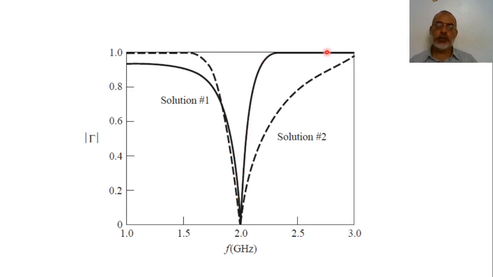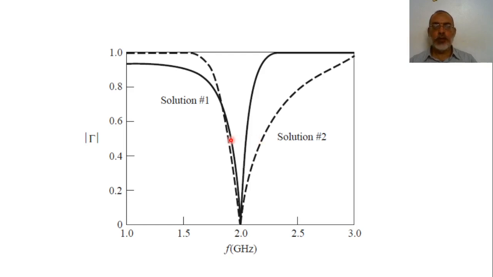Here is the performance of solution 1, which was based on B1 and B2, and here is the performance of solution 2, which is based on B1 dash and B2 dash. It can be noted here that solution 2 has a wider bandwidth compared with solution 1.